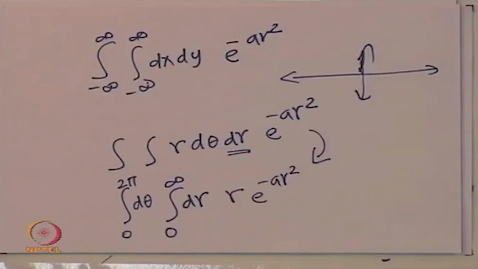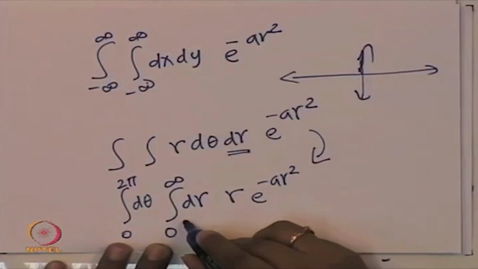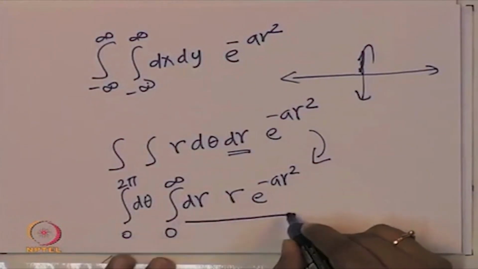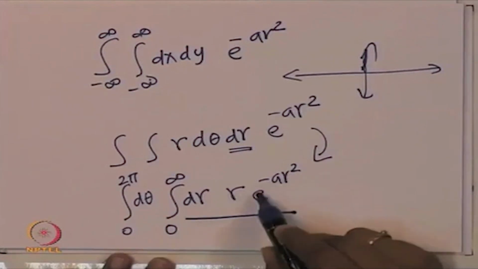Now, let us try to do this integral carefully. Look at this. This part is actually independent of theta. It is only dr, r and e power minus a r square.